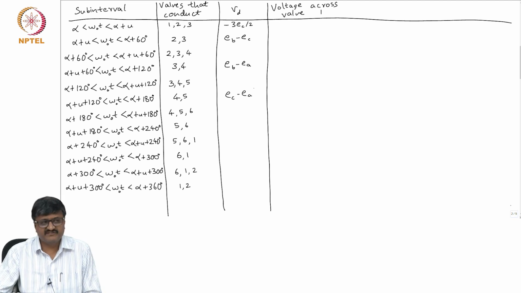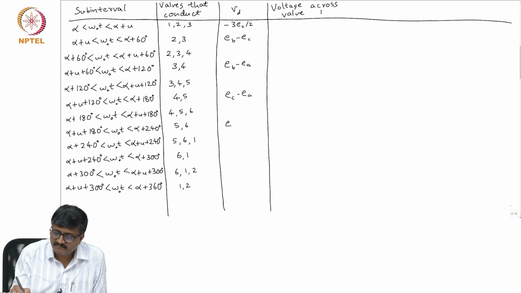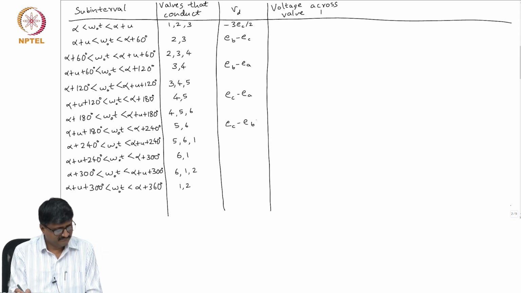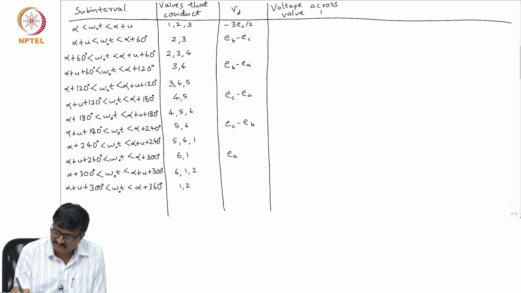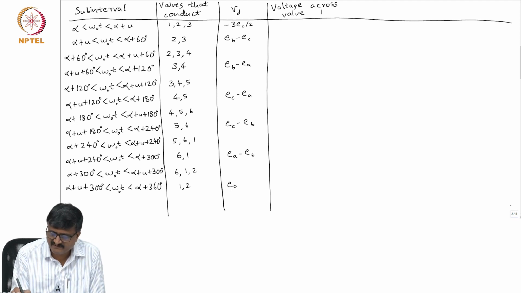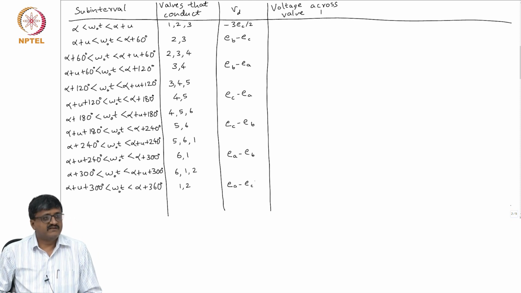Then 5 and 6 conduct, EC minus EB. Six and 1 conduct, EA minus EB. Then 1 and 2 conduct, EA minus EC. Okay. Now, let us fill the other rows.